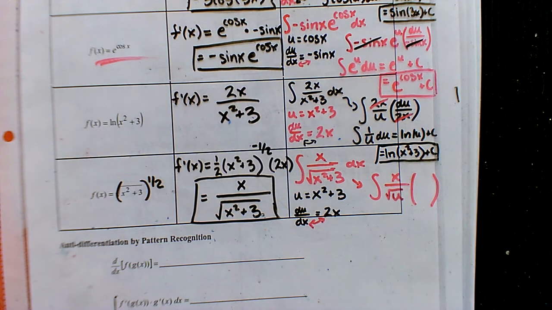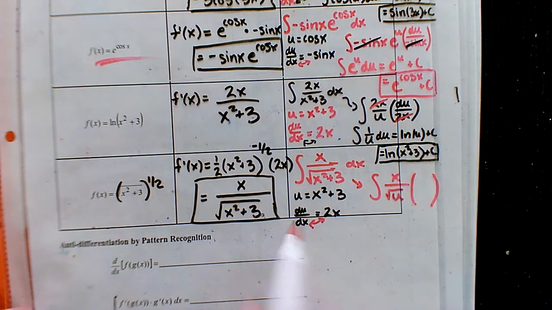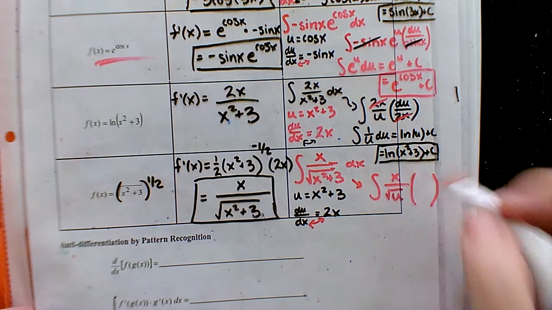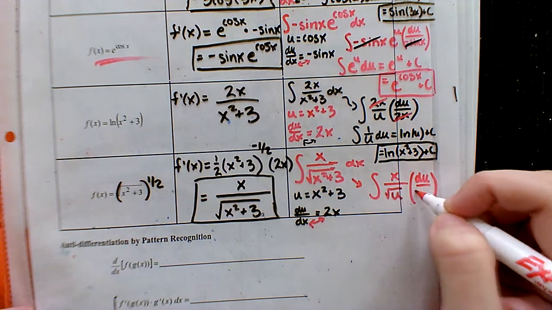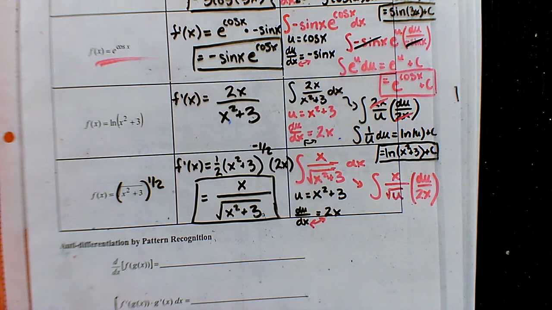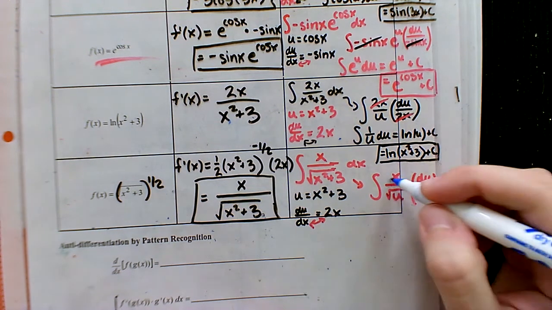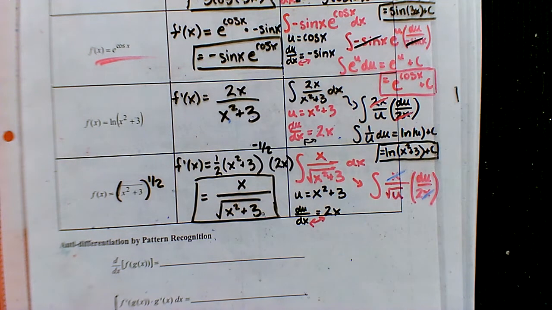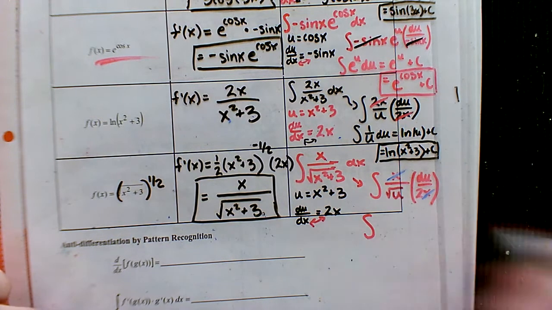If we just switch the dx and the derivative, we'd be left with a du over 2x. What's going to happen? The x's cancel. The x's should always cancel. We want to make sure that we're just left with u's. We're only working with one variable at a time, so the x's should go away. We should just have u's. So let's take a look at what we're left with.